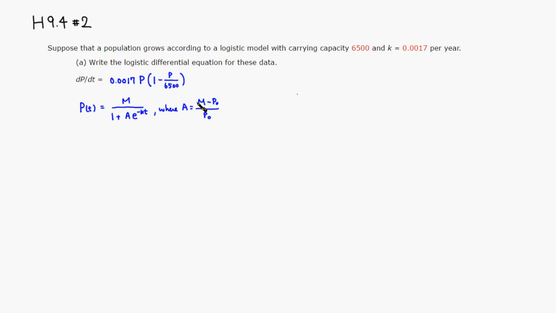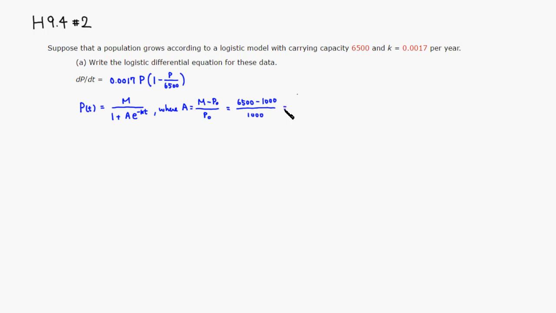So let's find the A here. The carrying capacity is 6,500 minus P0, which is 1,000, the initial population, and divide by 1,000.